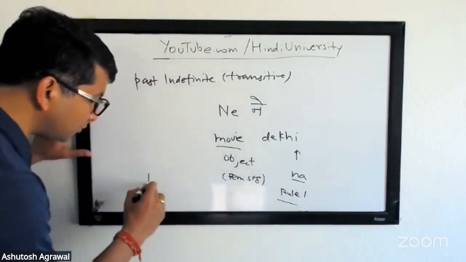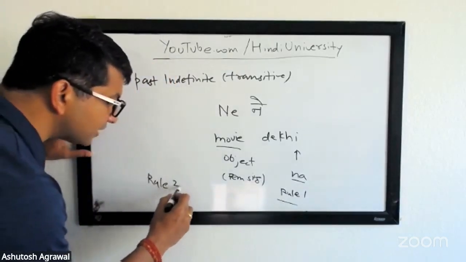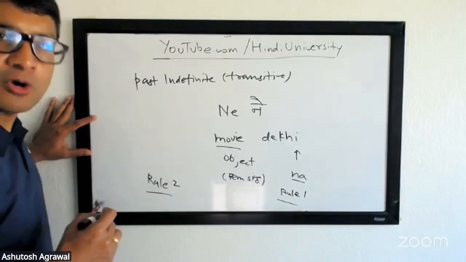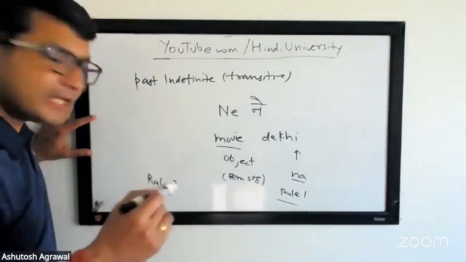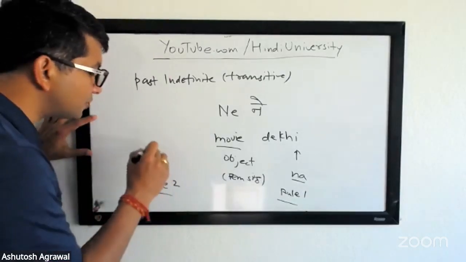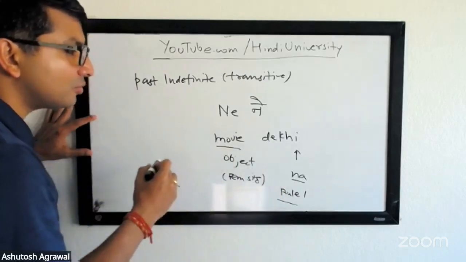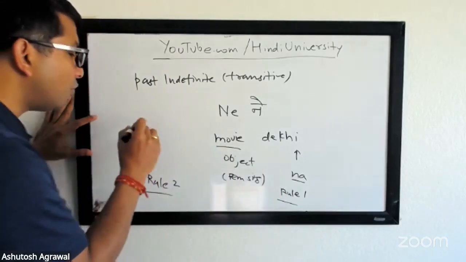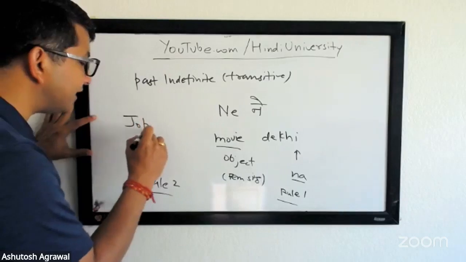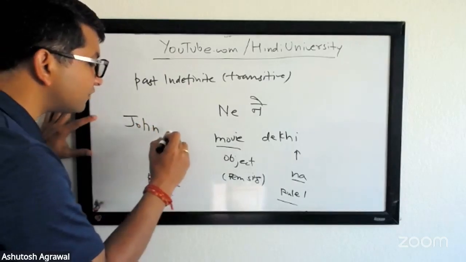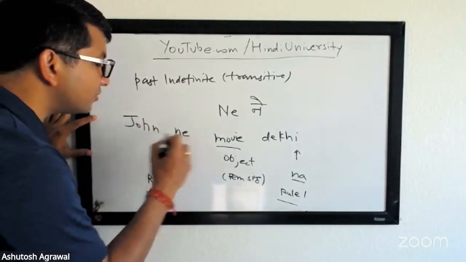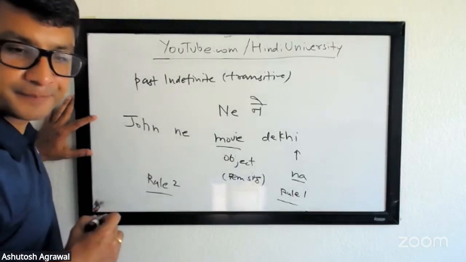Your rule number two is: who watched it? To give that indication, let's say John watched a movie. Right now you're just saying "movie dekhi". Who watched it? John is followed by the postposition: "John ne movie dekhi".